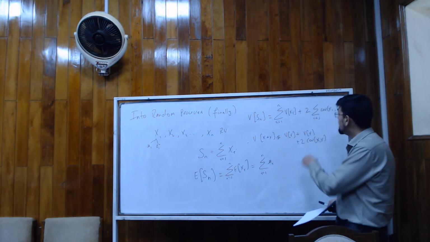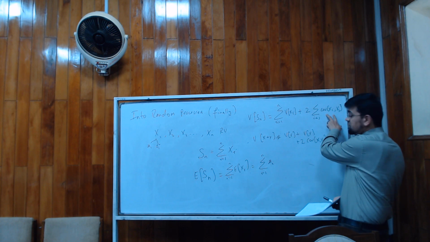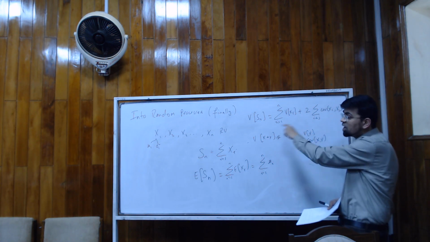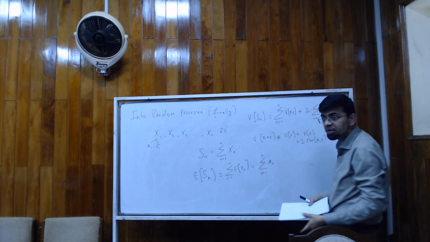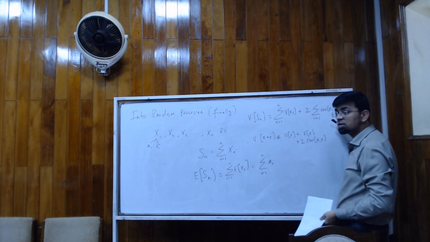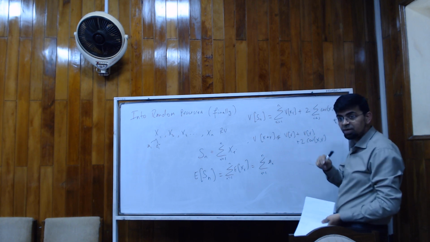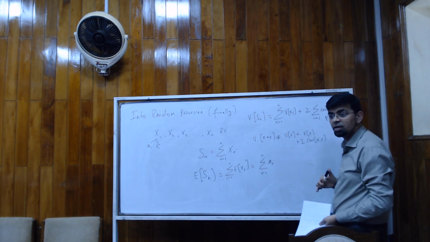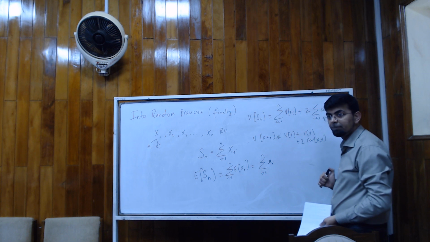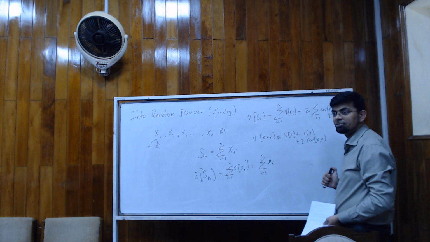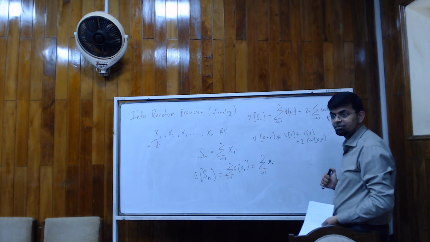Okay, so what are we doing here? This will do what? Pairs. So let's say if there are 6 random variables, it will do x1 with x2, x1 with x3, all the pairs you can make. Why i less than j? Because if we take x3 to x1 or x1 to x3, it will be the same.